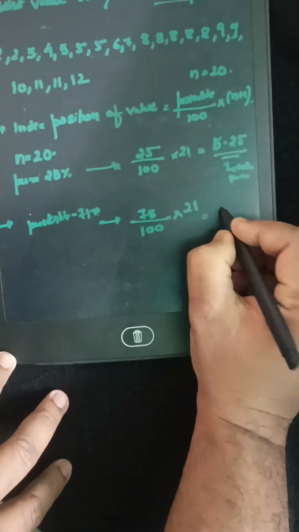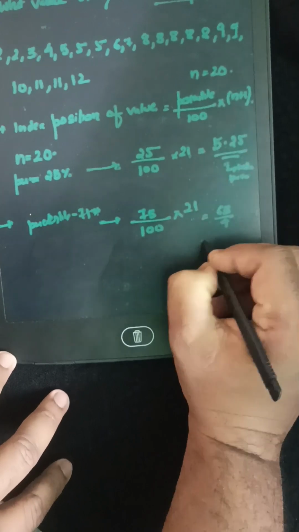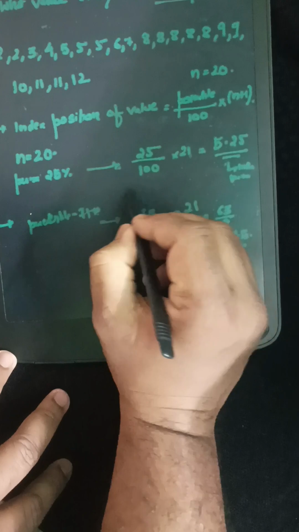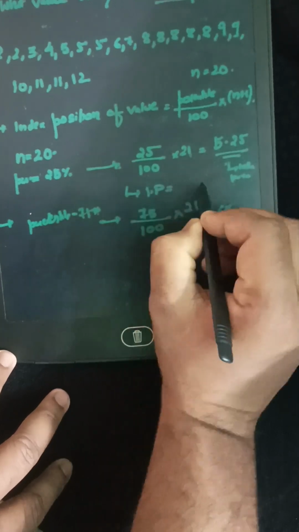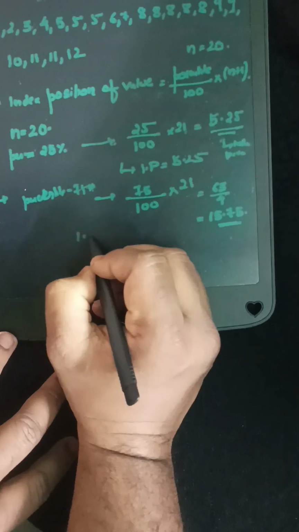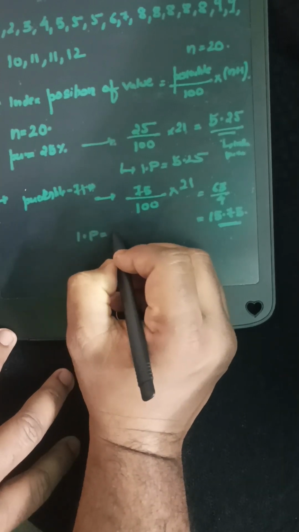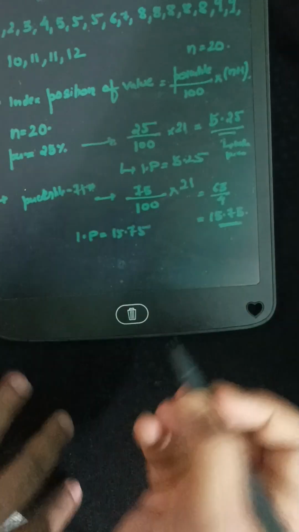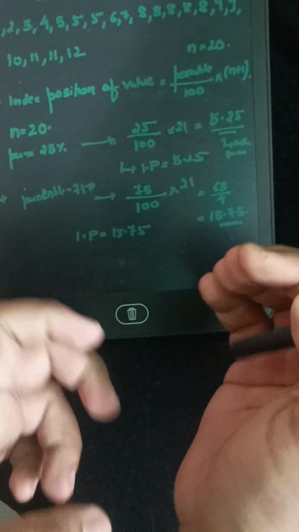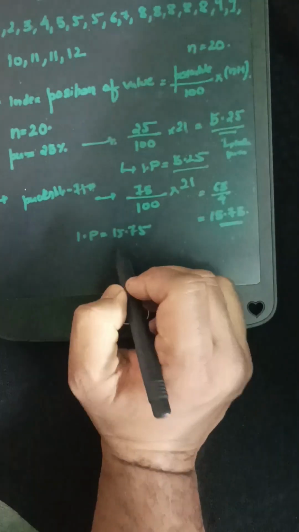It comes out to be 63 by 4, which is equal to 15.75. So in this case the index position IP was 5.25, and here the index position is 15.75.